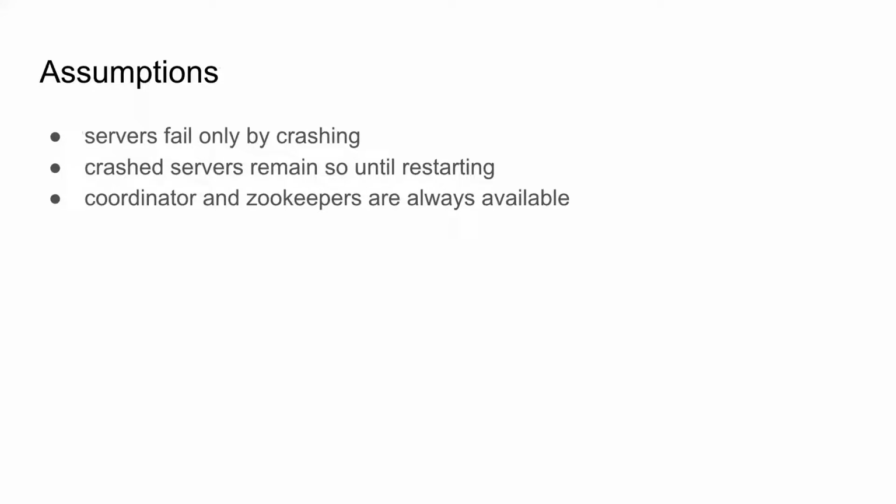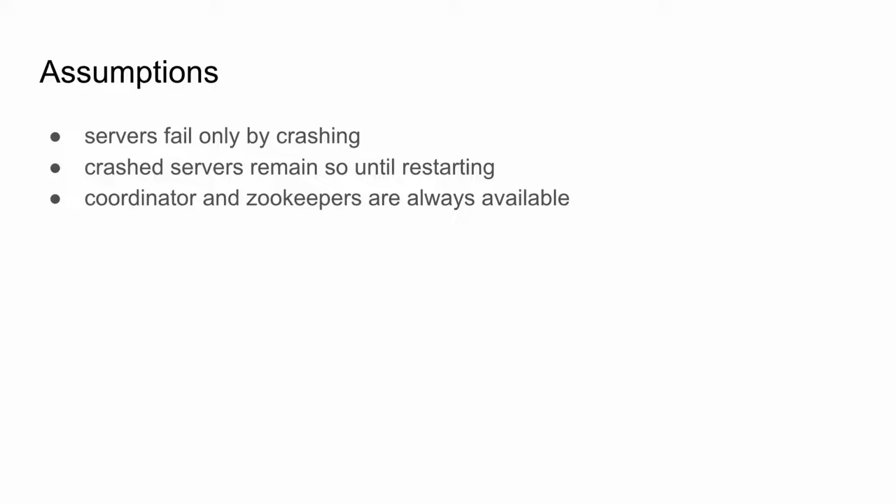Throughout all this, Uniserve makes certain assumptions. Since we'll be talking about fault tolerance and failure recovery next, it'd be better if we go through those assumptions first. Uniserve assumes that servers will fail only by crashing, and those crashed servers will remain crashed until we restart them. If we restart them, they're actually a new server.